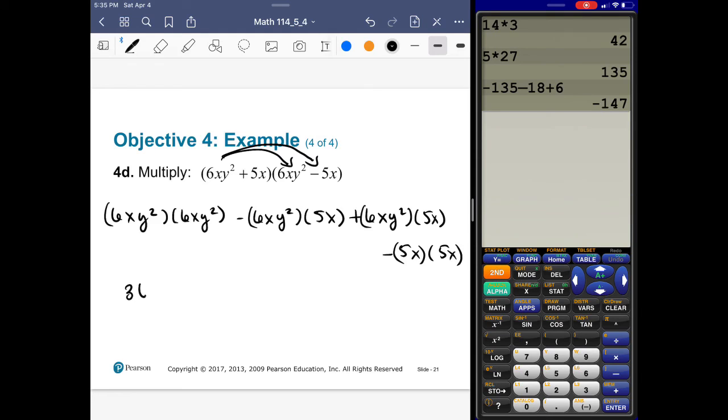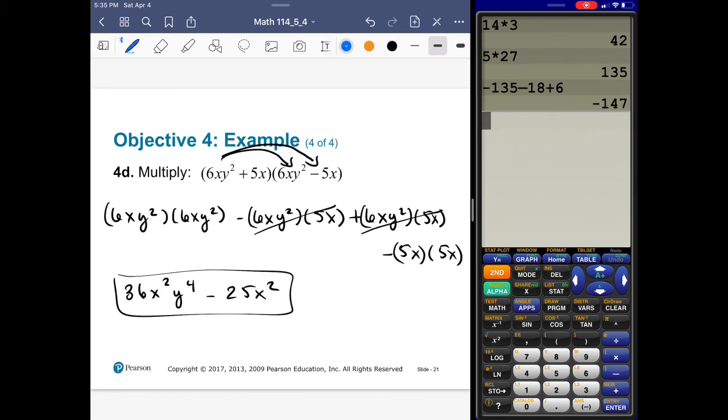So 6 times 6 is 36x squared, y to the fourth. This cancels with this because whatever I get, one's positive, the other one's negative, minus 25x squared.